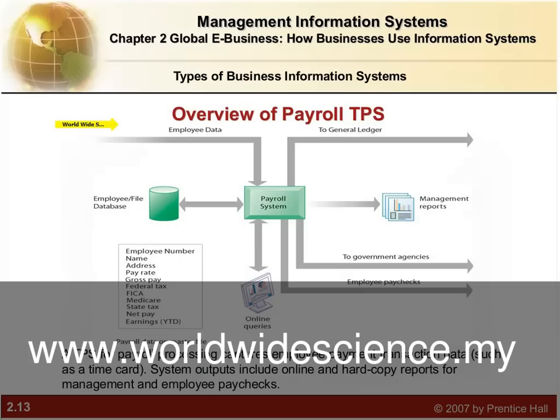So a TPS for payroll processing captures employee payment transaction data such as a time card. System output includes online and hard copy reports for management and employee paychecks. So payroll is an example of TPS. It's a daily routine transaction of a firm, an organization.